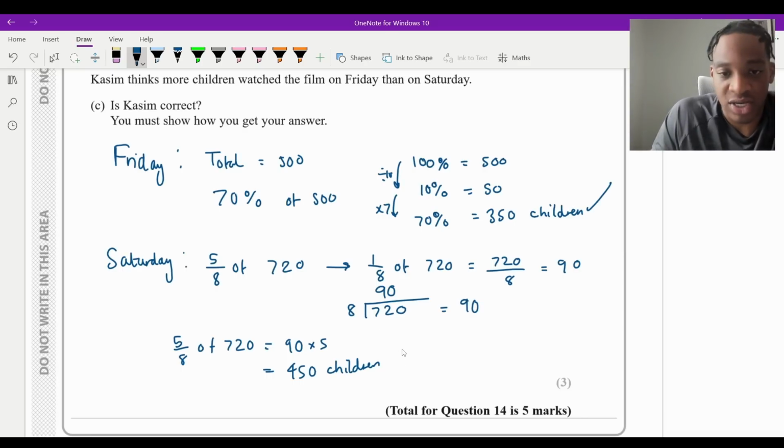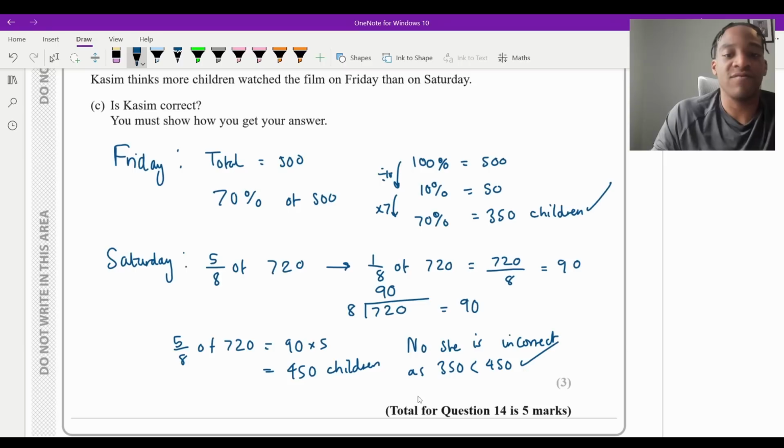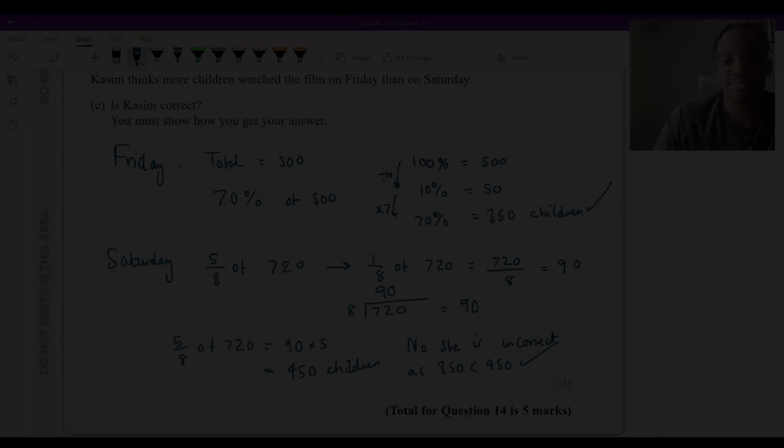So all you have to do here is just say, no, she is incorrect, as 350 is less than 450. And that's it. And that will give you the 3 marks for question 14. And this is the entire question 14 finished.